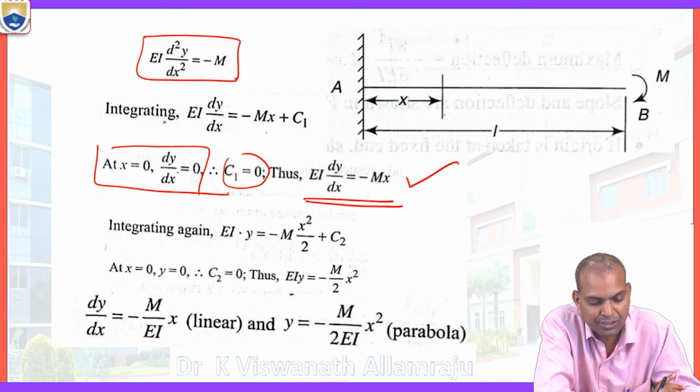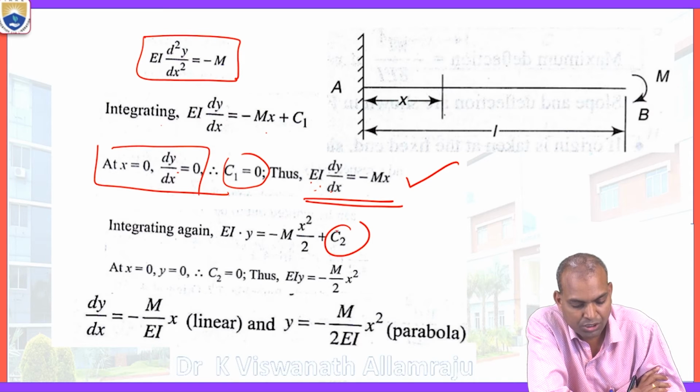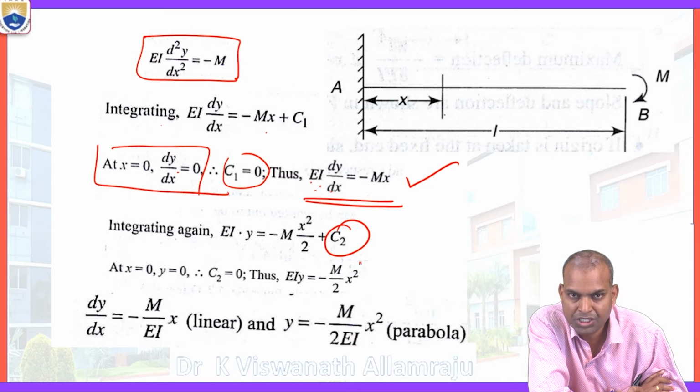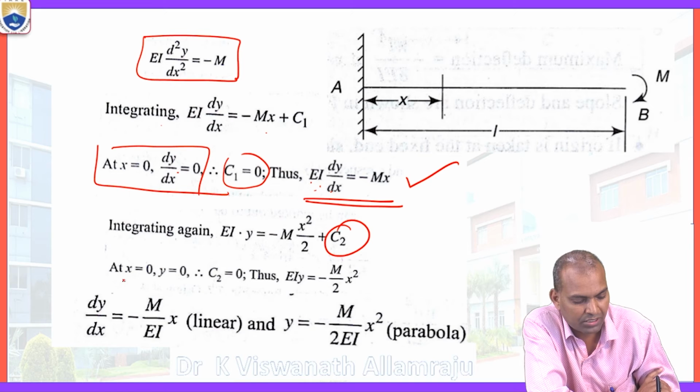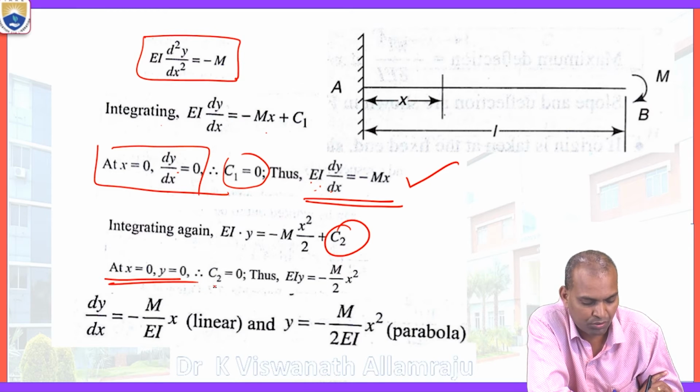Now integrating the slope equation, we get the deflection equation: EI y equals minus Mx square by 2 plus C2. This C2 is the second constant of integration. It is related to deflection and span. So at x equal to 0, y equal to 0.